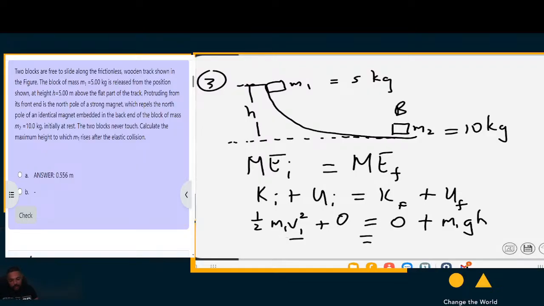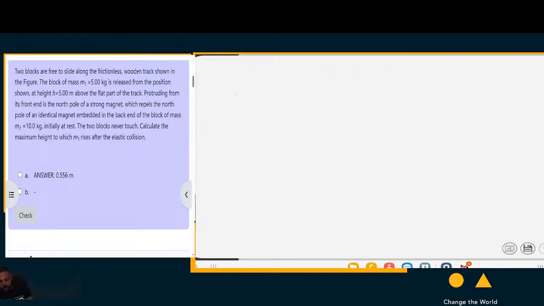If we substitute in everything, V1 is going to equal the square root of 2 times M1 times G times 5 divided by M1. It's just the square root of 2GH. We've used this formula just recently in our very first problem.